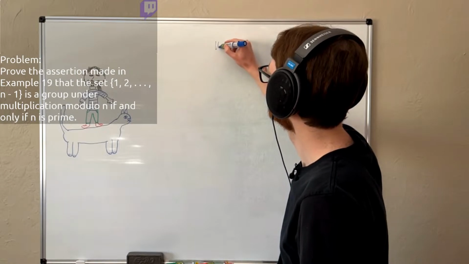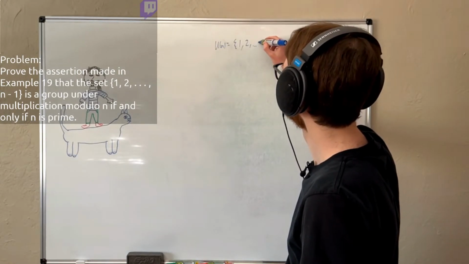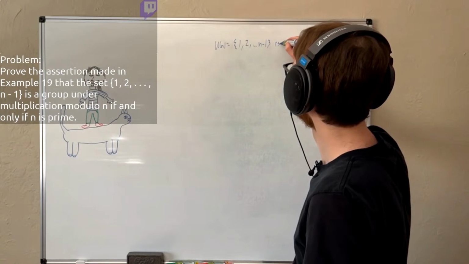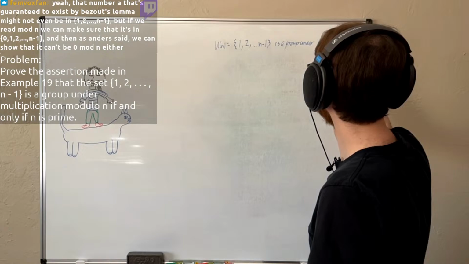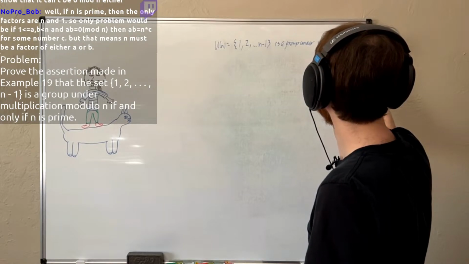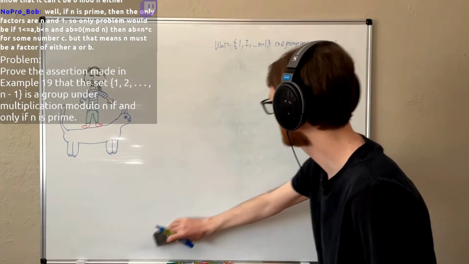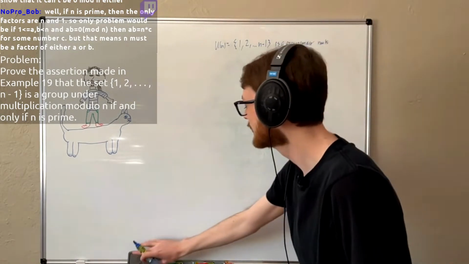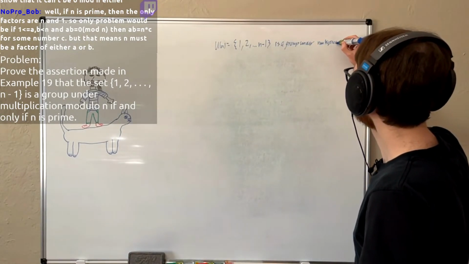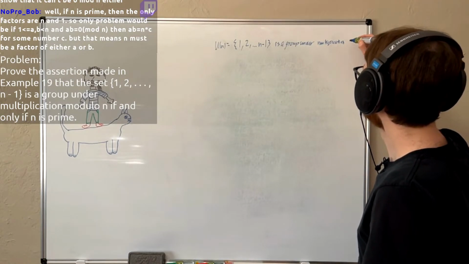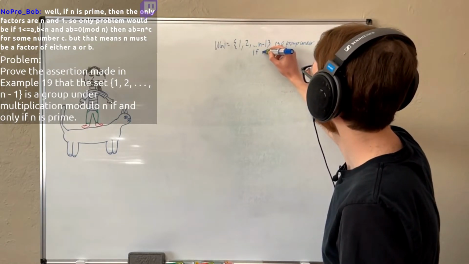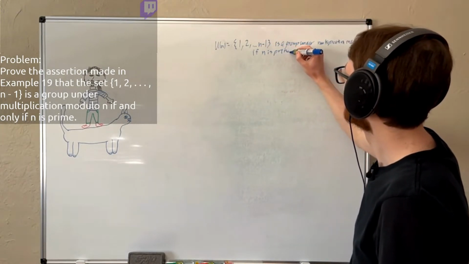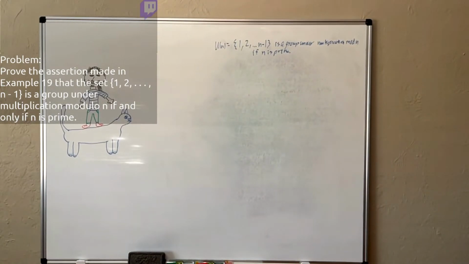Say U of N. Wait, multiplication? Multiplication mod n if n is prime. Right? Oh, if and only if.